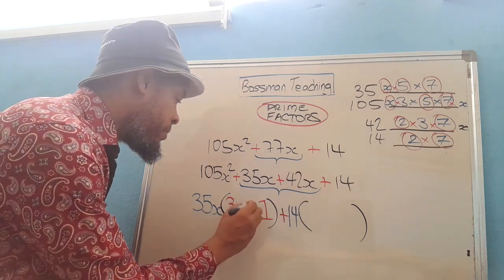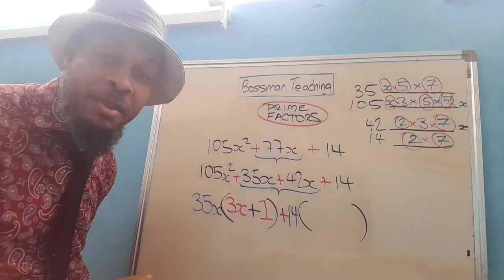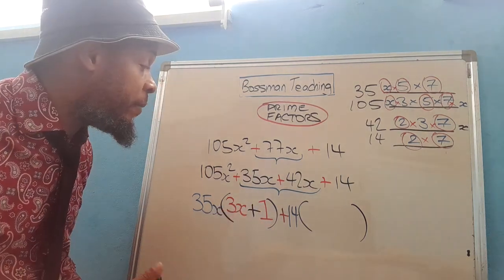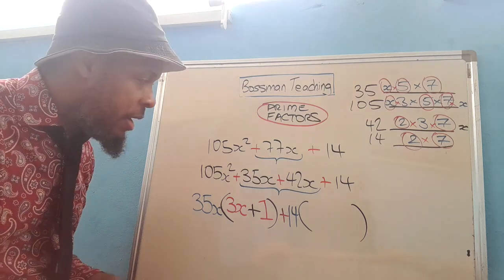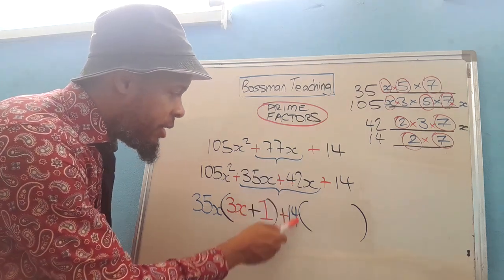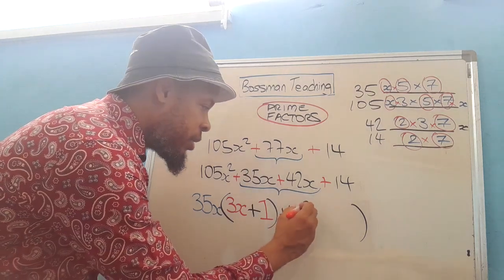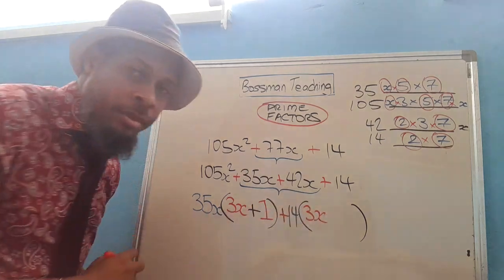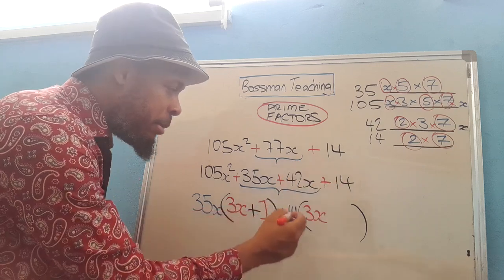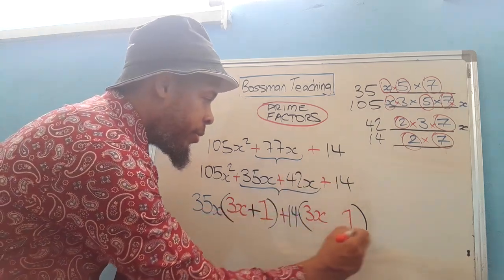So we have 3x plus 1 right here. Yeah? And fun fact, if we divide this 42x by 14, we will get 3x right there. We divide that 14 by 14, we'll get 1 right here.